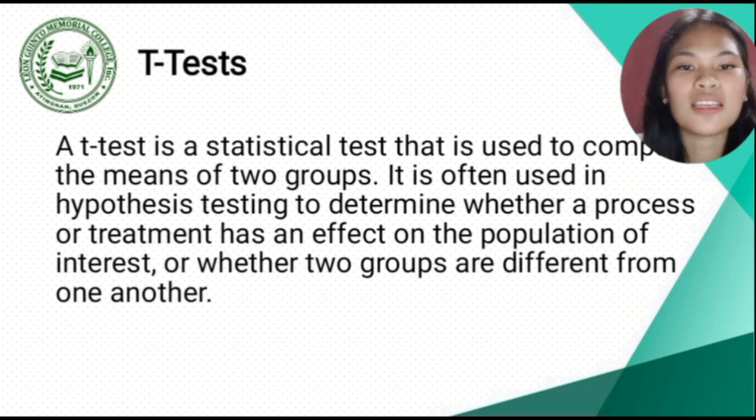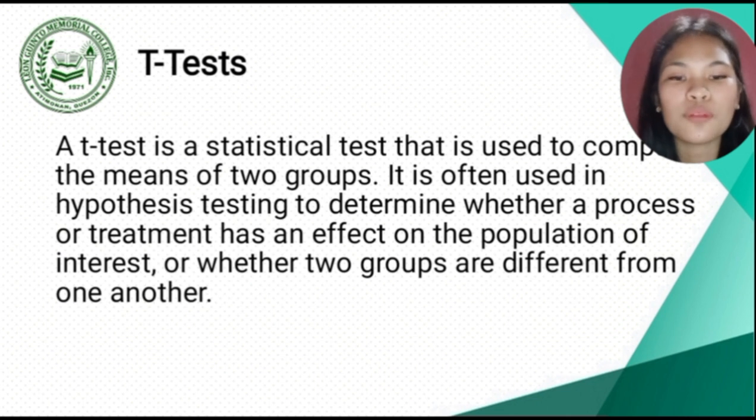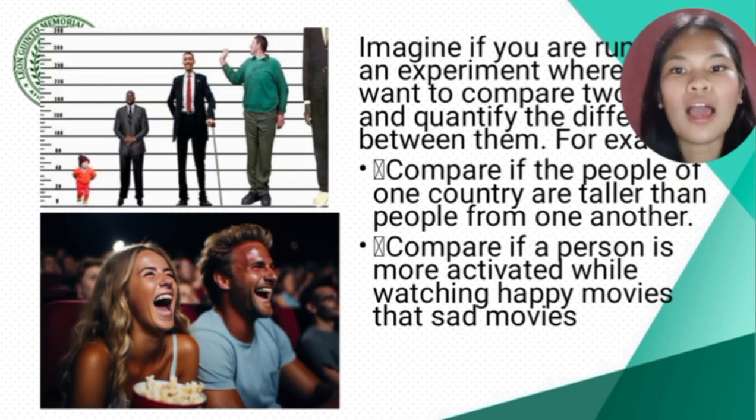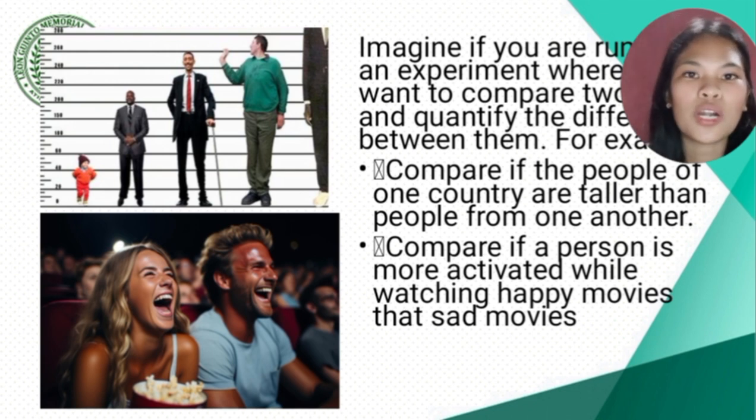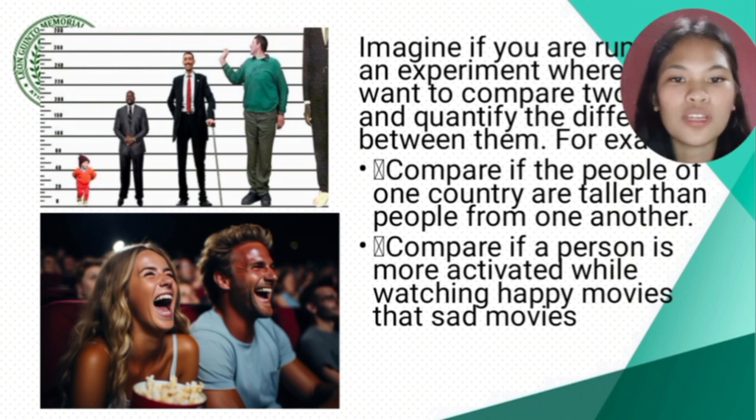Sometimes the t-test is used to compare the means of two related samples, when the sample size is small and the population variance is unknown. In this kind of situation, it is known as the paired t-test. For example, you want to compare if the people of one country are taller than the people from another.